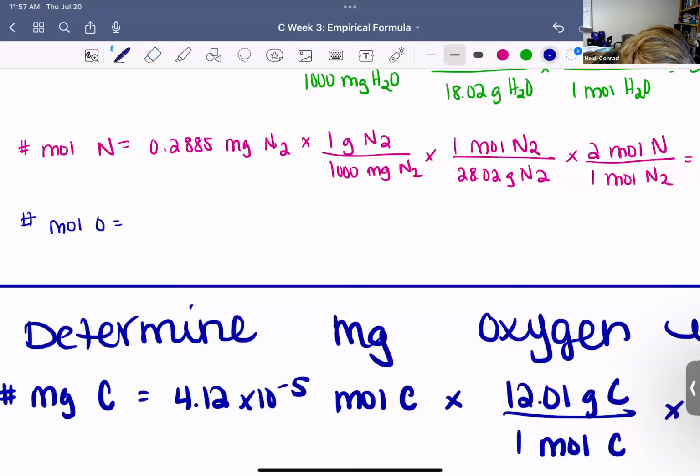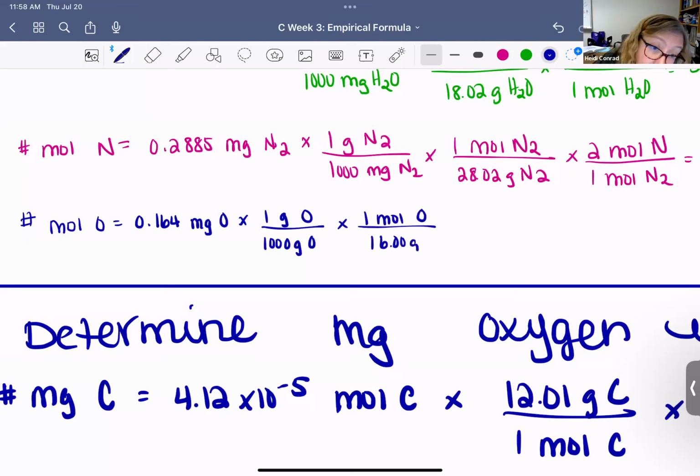This works better. 0.164 milligrams of oxygen, 1 gram of oxygen to 1,000 milligrams. I know that 1 mole of oxygen is 16 grams of oxygen. And so I calculate this out and I get 1.03 times 10 to the minus 5 moles of oxygen.